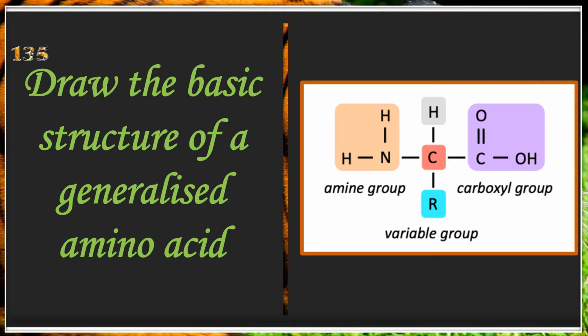Then it also has a carboxyl group attached to it. So the carbon has 4 functional groups attached to it: the amine group, the variable group, the carboxyl group, and the hydrogen atom.